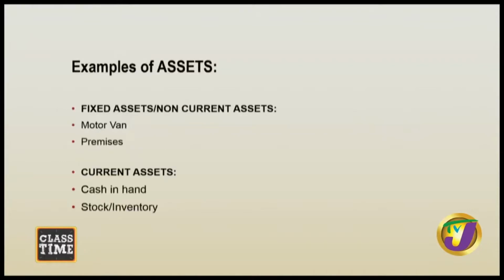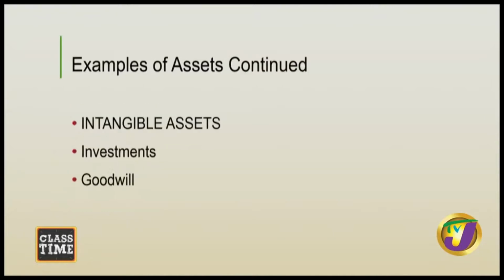That's the first O. Now, there are various assets or examples of assets in a business. Mainly, I should say, three groups of assets. We have what is known as the fixed assets, the current assets, and also we have what is known as intangible assets.